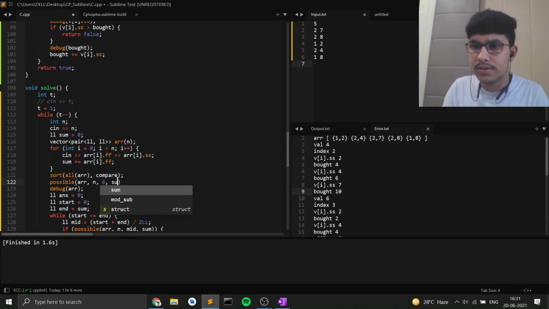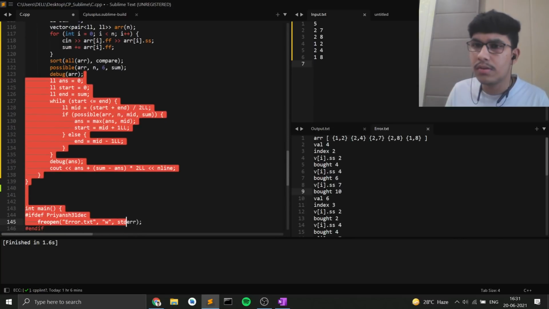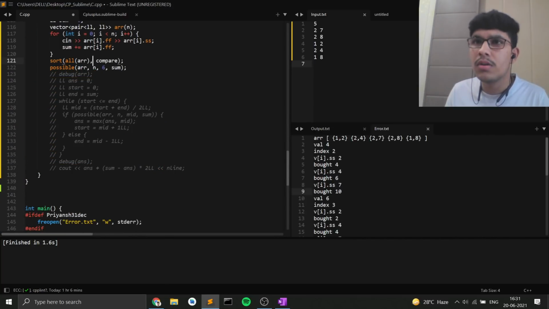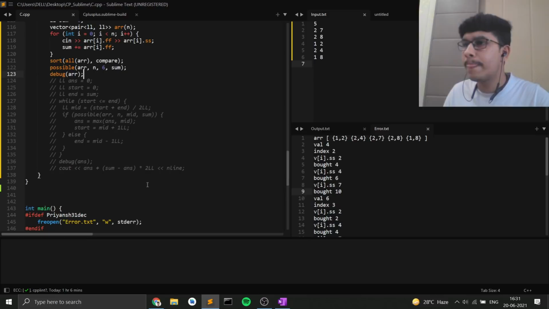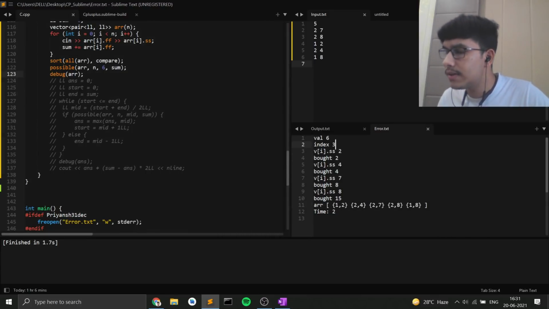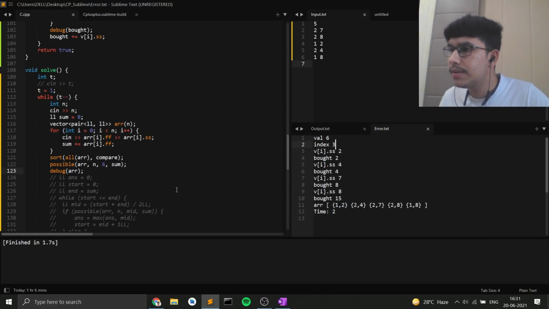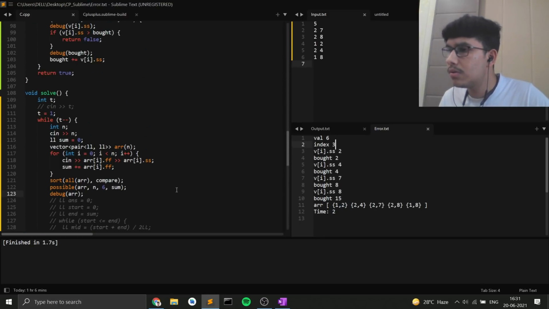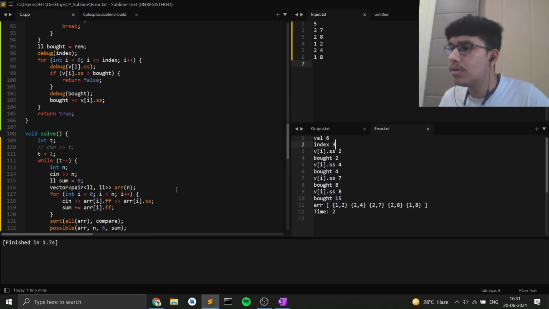Let's call it for 6 and let's see what is the issue that we're having. Right, so you have index as 3, v at I dot ss equals to 2, right?